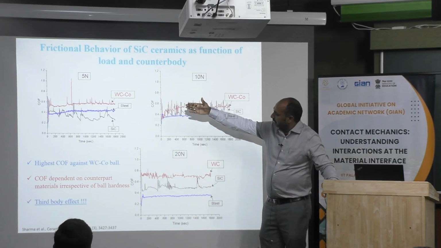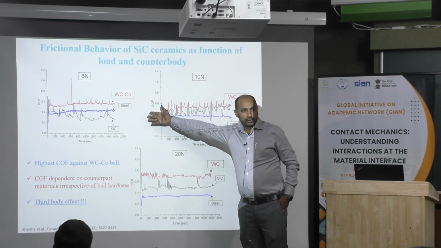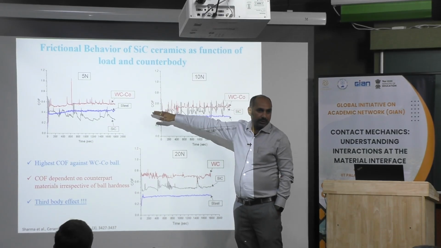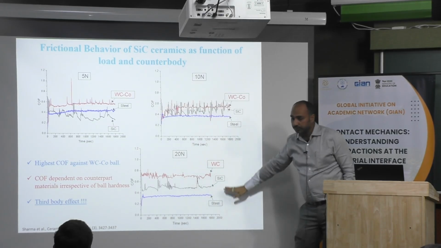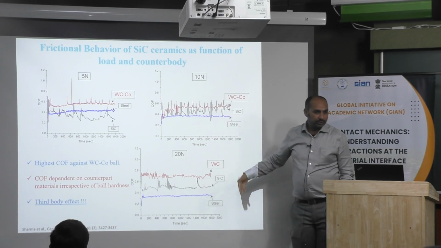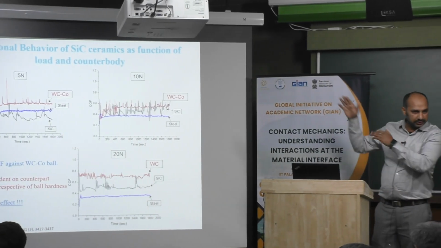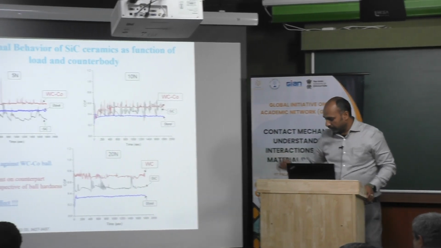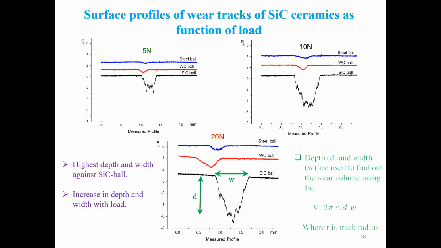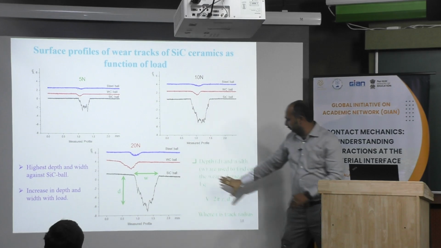And with increasing load, though at lower load steel is in between, with increasing load it is going down. It is going down for silicon carbide ceramic if you increase the load. We'll see the mechanism why it is happening. At the same time, this is the surface profile we got against all, with change of load 5, 10, 20 Newton, and we use this particular formula.